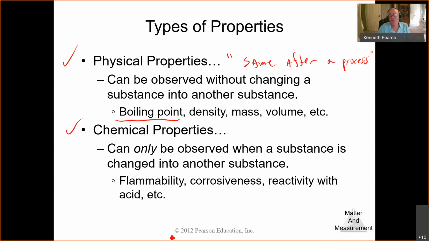If you're trying to determine the boiling point of ethanol, you heat it up until it starts boiling, but once it starts boiling, it's still ethanol. You put something on a scale, it doesn't stop being what it is. Okay, so that's a physical property. Chemical properties, as it says right here, are observed when the substances change, so it's different after the process.